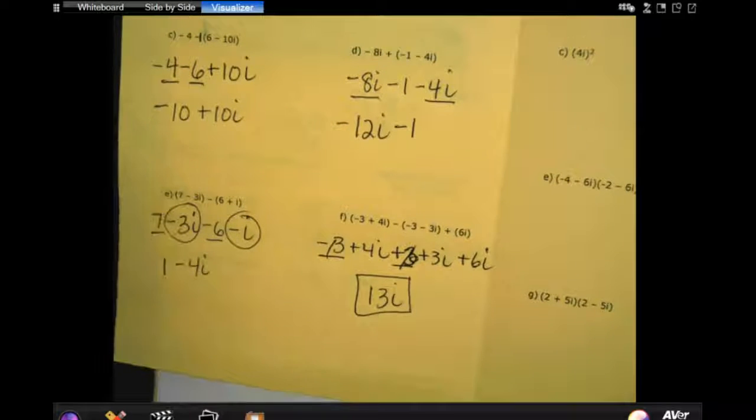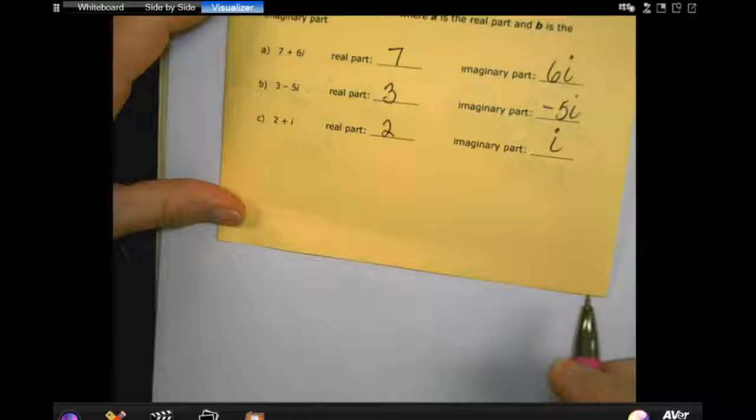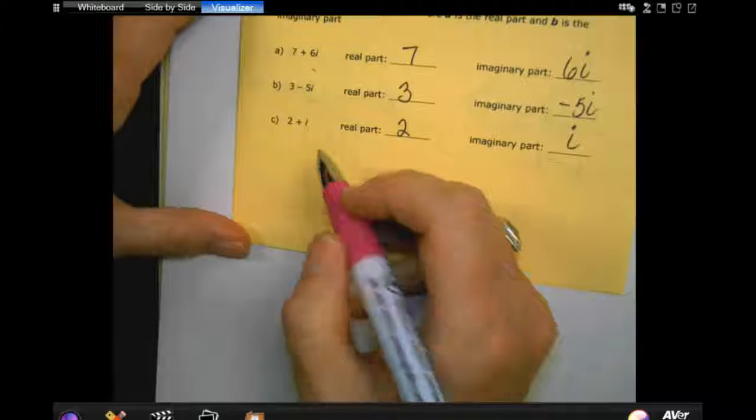Okay, so here comes the really fun part. So let's see. At the bottom down here, so watch. If you have i, we said that i was the square root of negative 1, right?